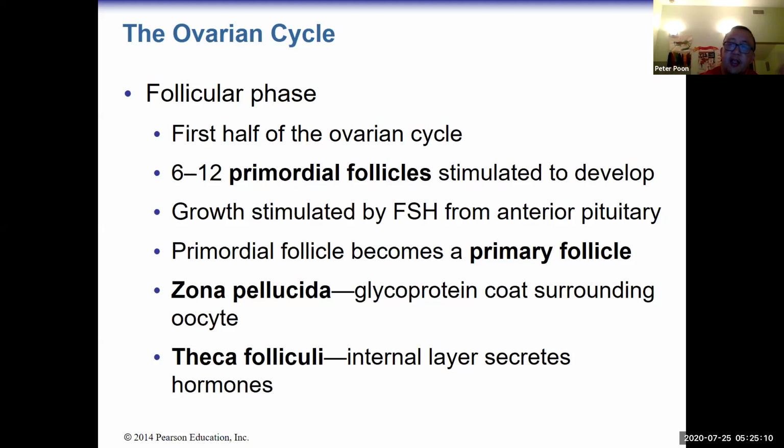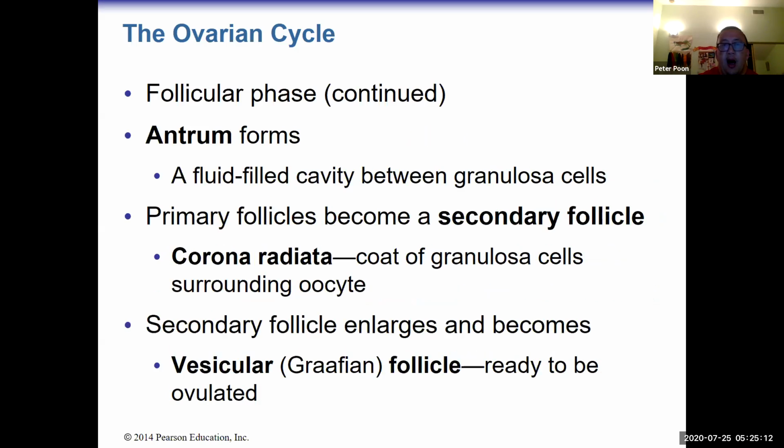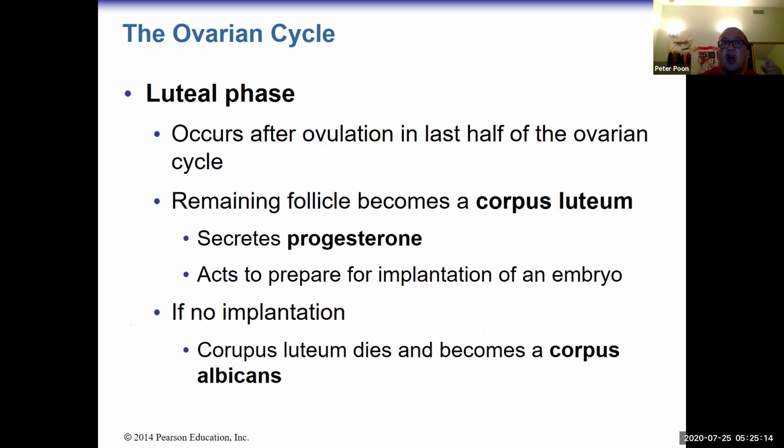The follicular phase can be different. Ovulation takes 1 day. The luteal phase is always 14 days. So what's different between women, and even during a woman's lifetime, is not the luteal phase, it's the follicular phase.